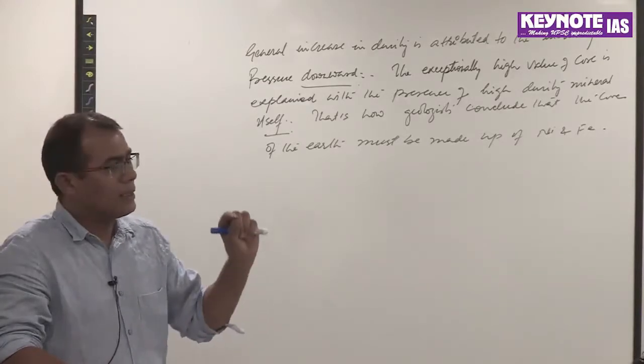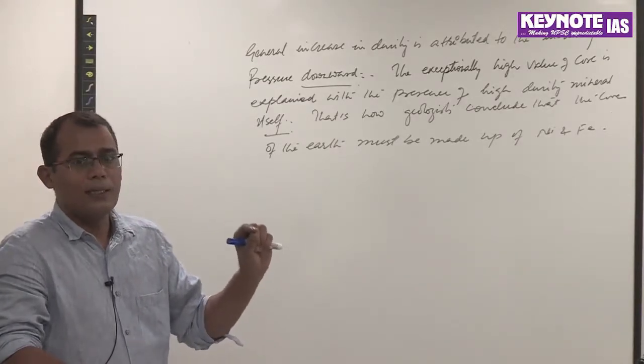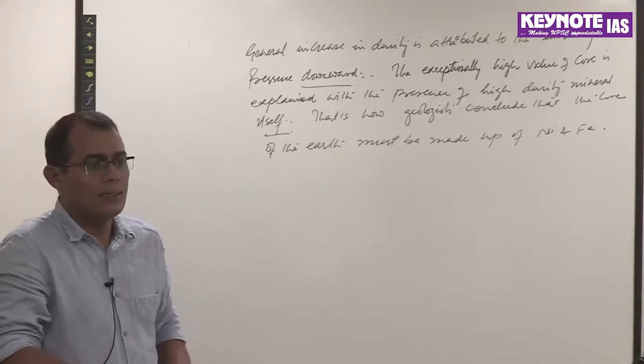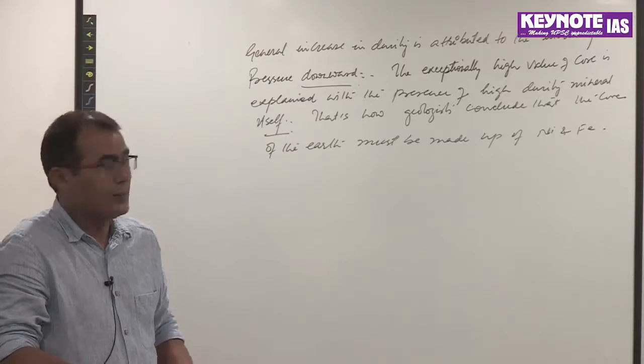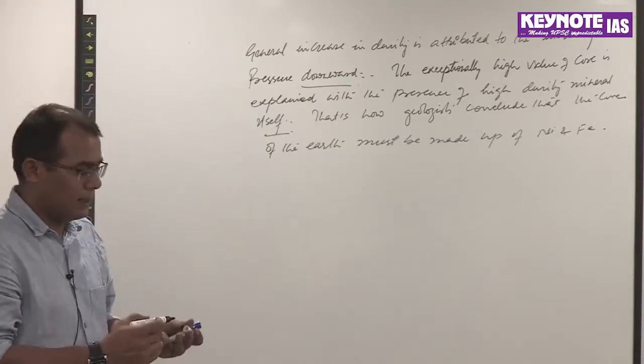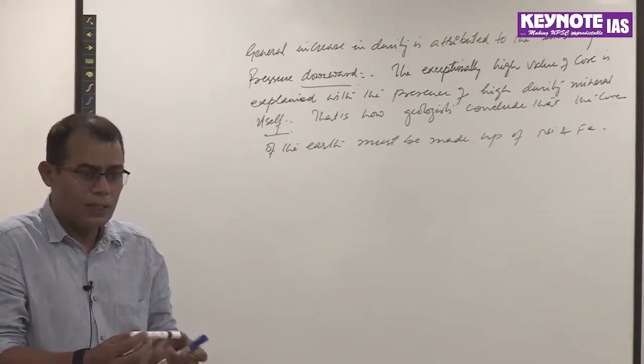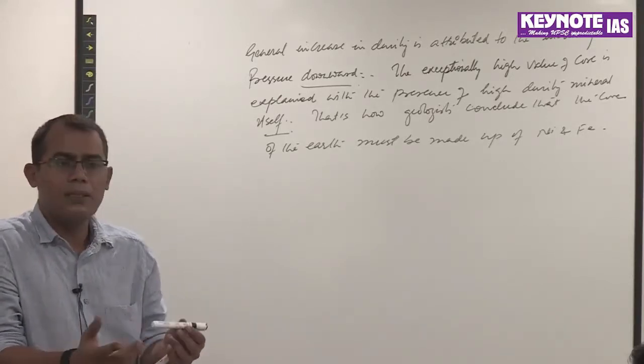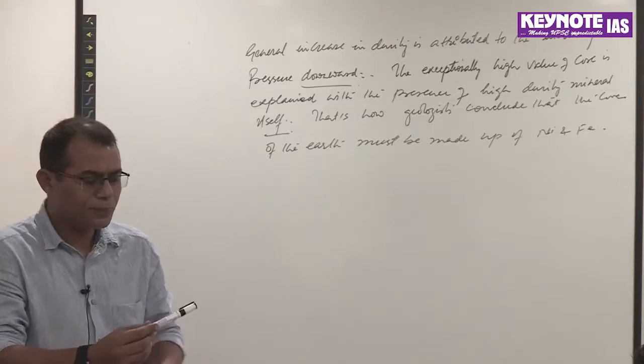So the scientists conclude that that exceptionally high density must be associated with the high density mineral itself. That's how they say nickel and iron. It's like basics. We have already discussed it earlier in the basics of geography. I'm just repeating it for few who are new here.